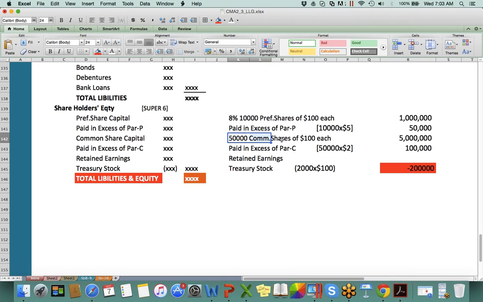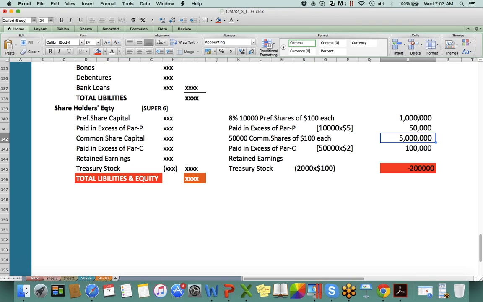As you are registered with 50,000 shares, you are showing it at full amount here. But from this 50,000, you purchased the shares back. Therefore, this amount is to be deducted because you don't have the full 5 million worth of share capital outside, of which you have around 200,000 share capital owned by the company itself, which is called treasury stock.